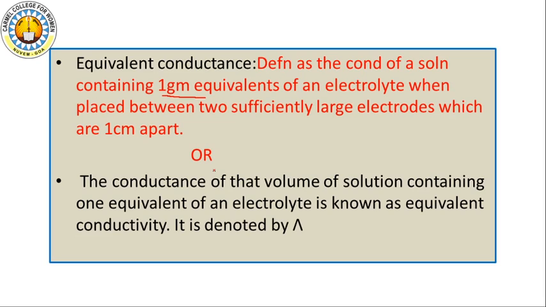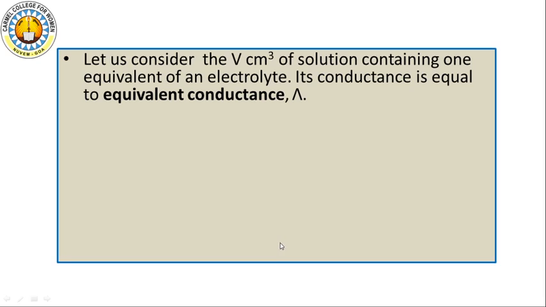Or it can also be defined as the conductance of that volume of the solution containing one equivalent of an electrolyte, and it is denoted by the symbol lambda. Let us consider V centimeter cube of the solution containing one equivalent of the electrolyte.